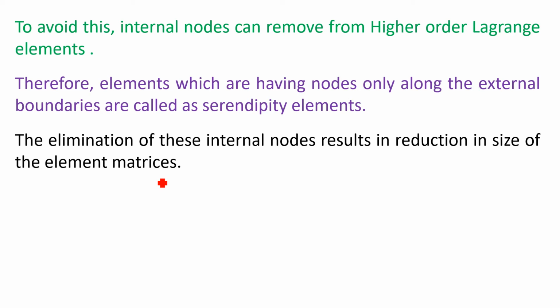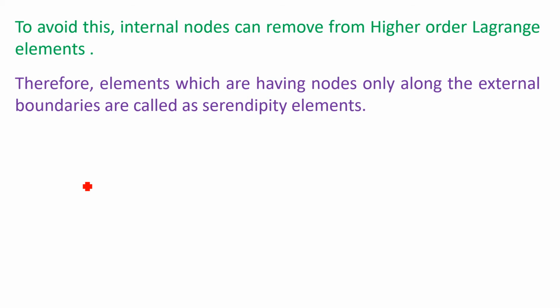So if any node is removed, the size of every matrix is reduced by the degrees of freedom at that node. For example, if there are 2 degrees of freedom per node and you remove one node, 2 rows and 2 columns will be eliminated from the matrices.